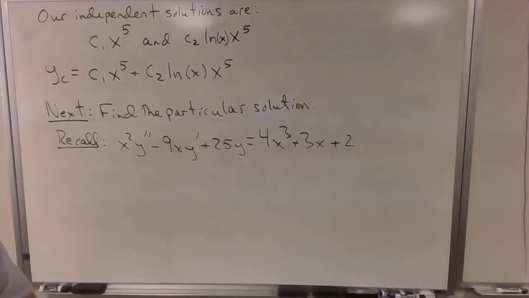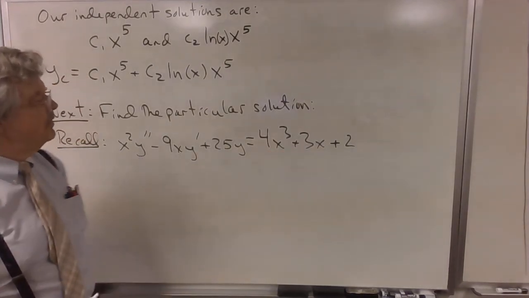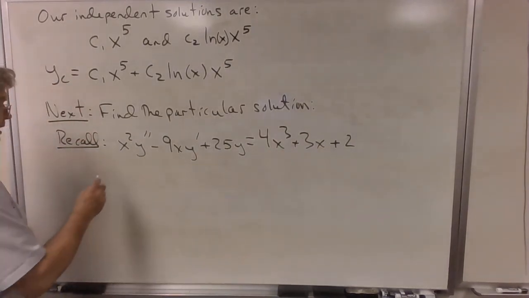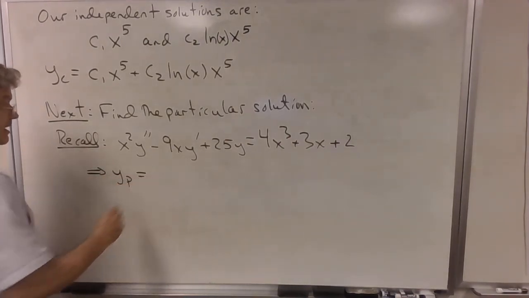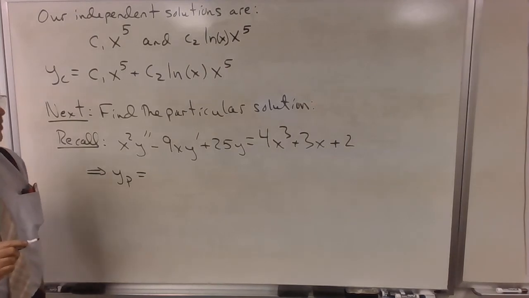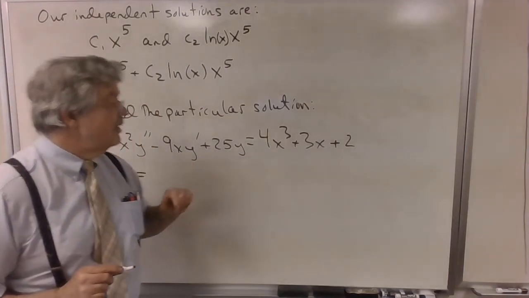This is our original equation. And since the right-hand side is a polynomial, we assume that the particular solution is also going to be a polynomial that has exactly these powers of x and no others.